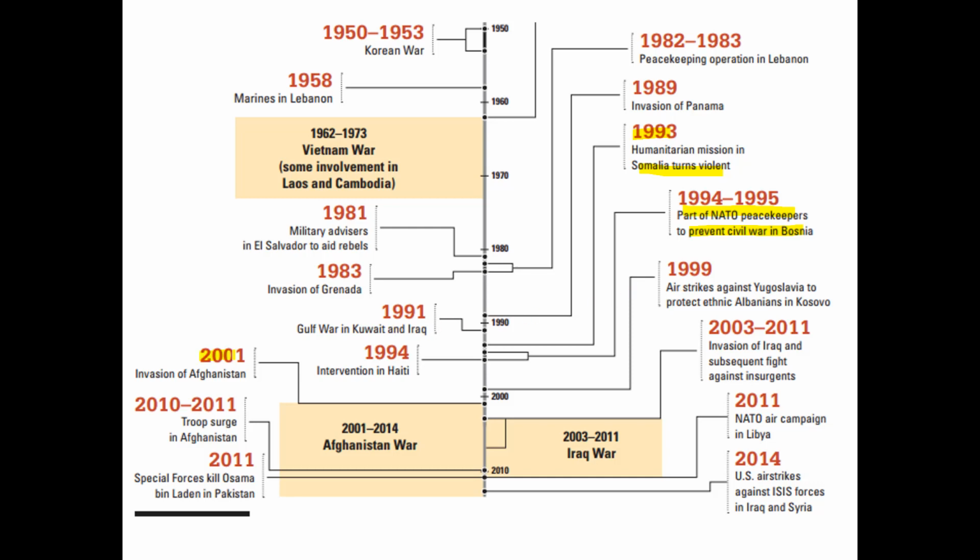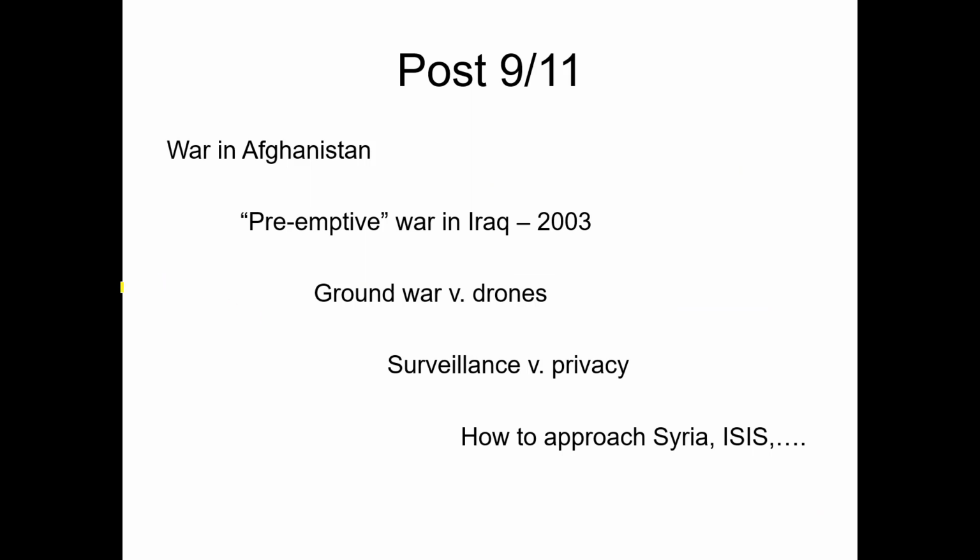But the world dramatically changed with the World Trade Center attacks of 9/11. Since 9/11, we engaged in a war in Afghanistan, and we are still there. Afghanistan is still a very unstable country.